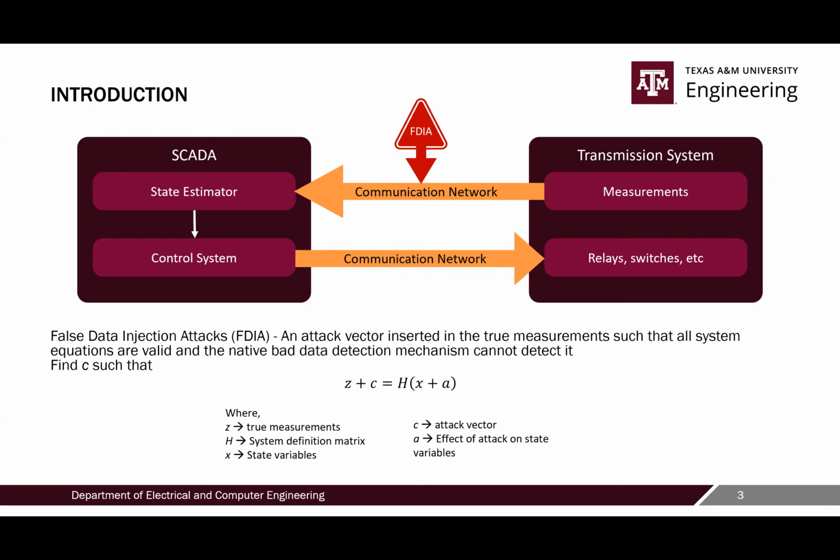A really stealthy, unobservable false data injection attack is finding another feasible power flow solution and tricking the state estimator to converge on that solution instead of the true state of the system. There are lots of different ways of making false data injection attacks, and the focus of this paper is actually on their detection.